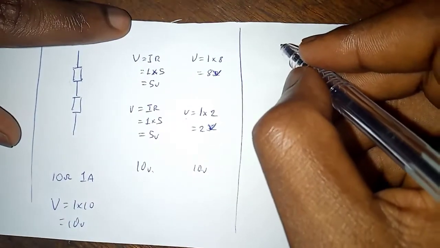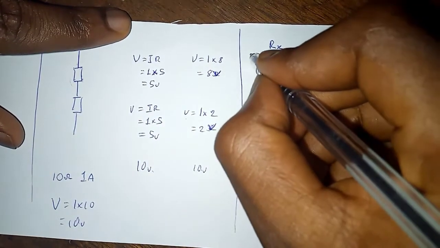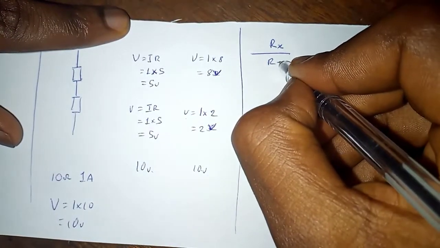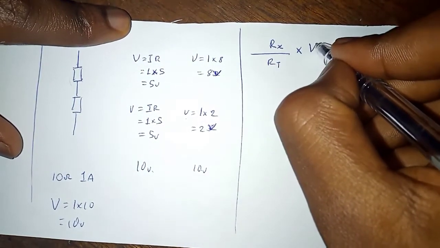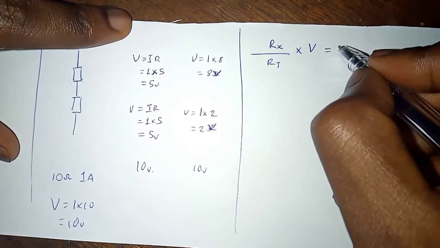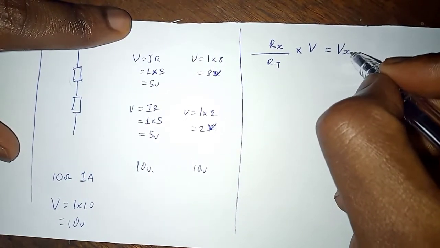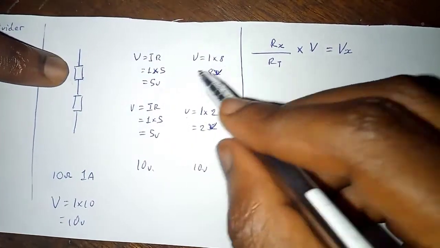We've come to a final conclusion that you pick the resistor you want, resistor X, over the total resistance in that series circuit, times your total voltage in the series circuit, and this will give you the voltage across resistor X. Now let's apply this formula to this.